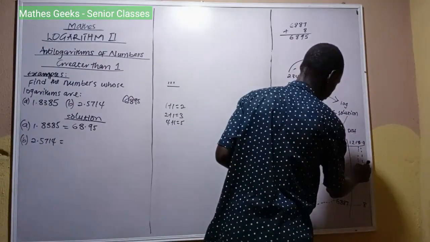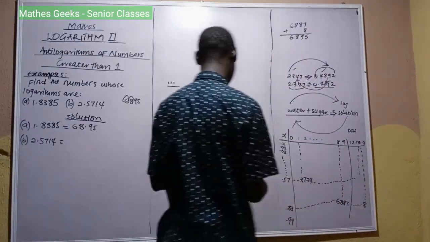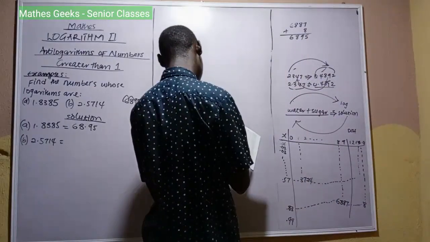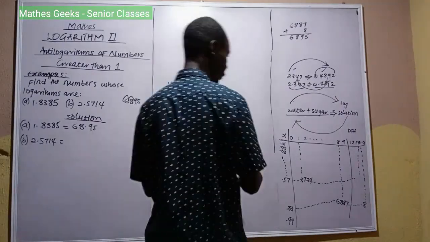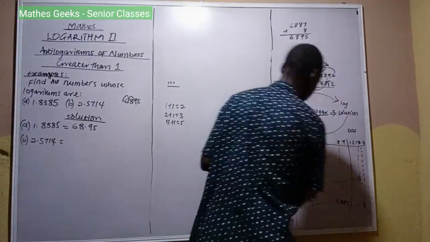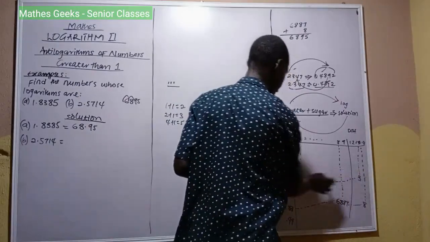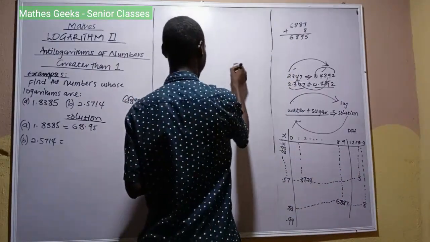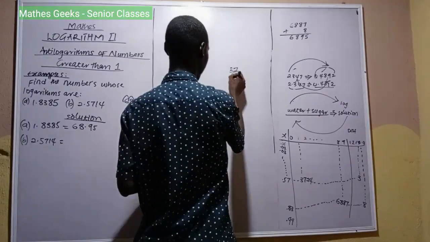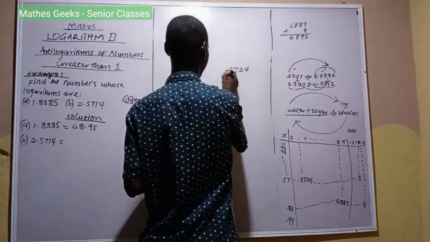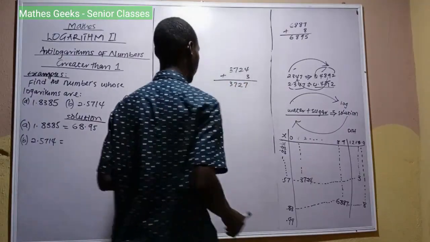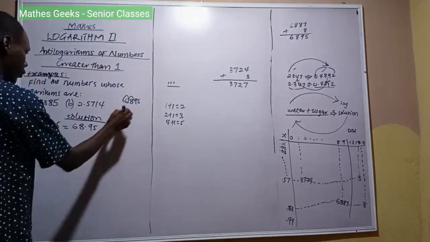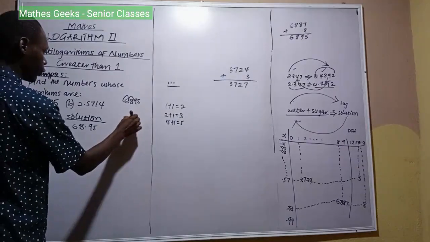Bring it down. What's the value there? 0.57, difference 4, is 3. So the value is 3. So we're going to add 3 to this value. 3724 plus 3 will give you 3727. That's your answer. So the answer is 3727.